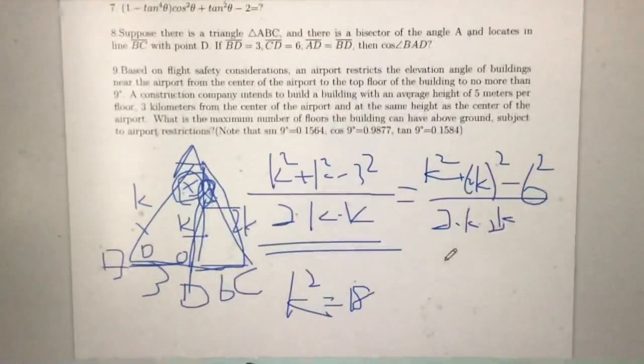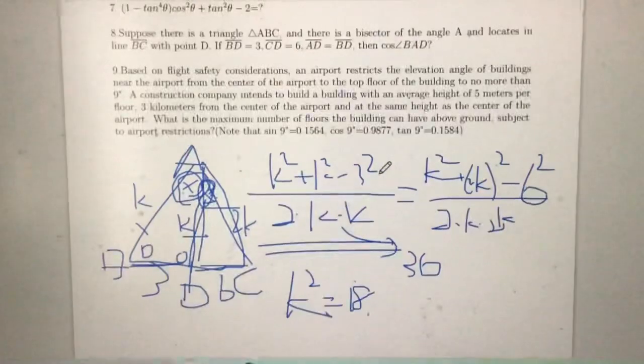Okay, so we can get that k squared is equal to 18, and then we just put 18 back here, right? So 18. So this denominator is 36, and the numerator will be 60. 36 minus 9 is 27.